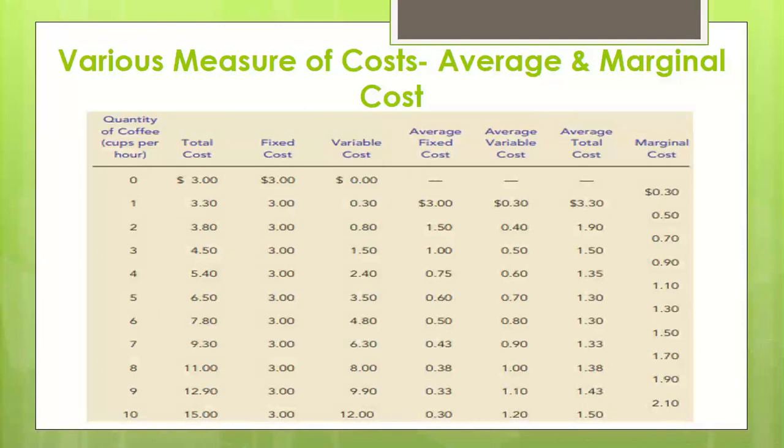So here the change in total cost is 3.80 minus 3.30. By subtracting these two values, you get the change in total cost, and change in quantity is obtained by subtracting 1 from 2. So calculating these two values, we get 0.50, that is the marginal cost here.